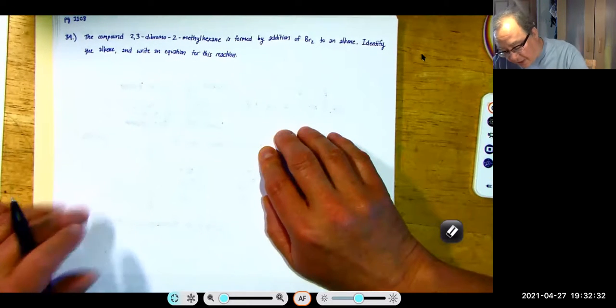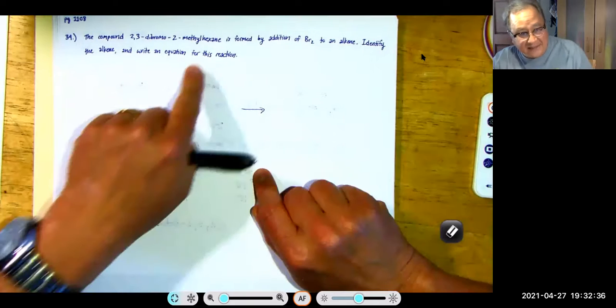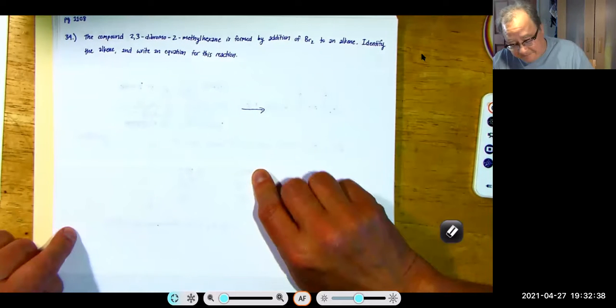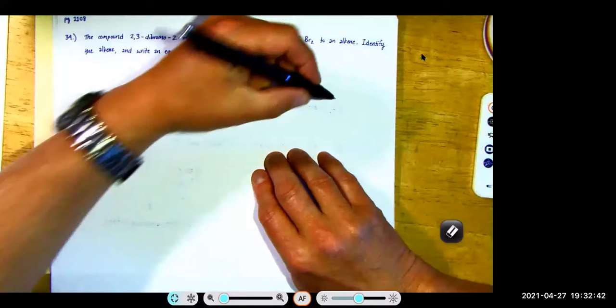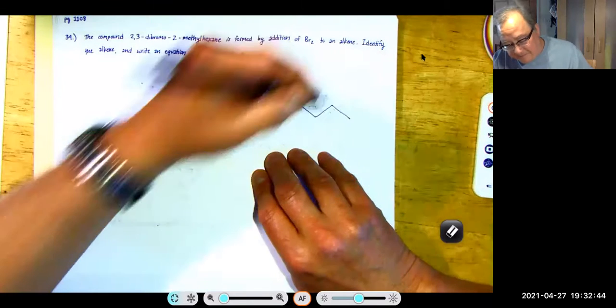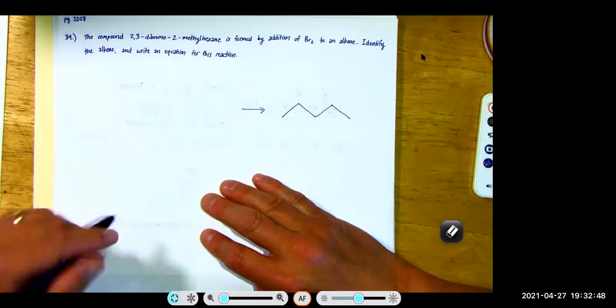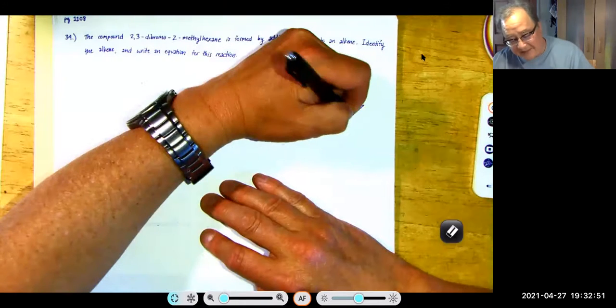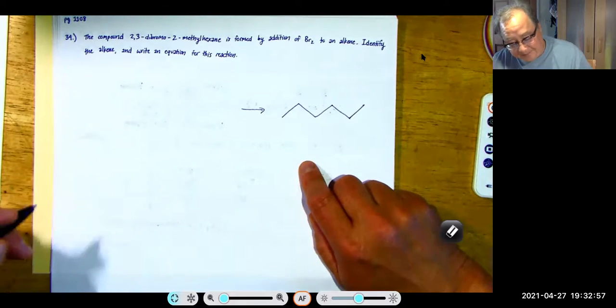So if this is a product, let's draw the product. So how are you going to draw a hexane? How many carbons is that? 6. So how many carbons is that? 5. So I need to put one more line, and now I have a hexane. Where am I going to put my bromines?